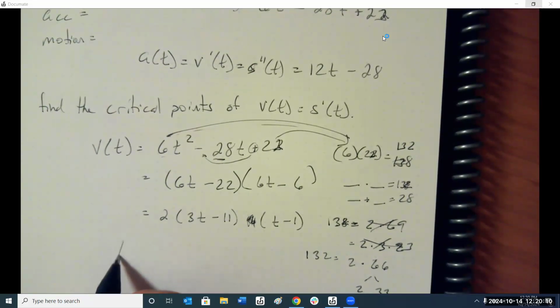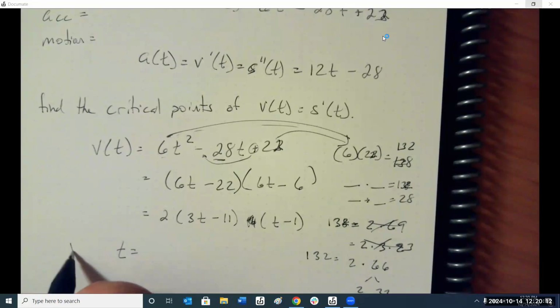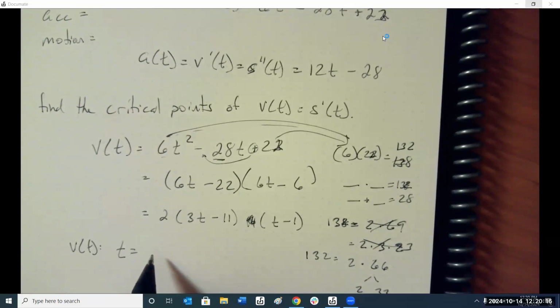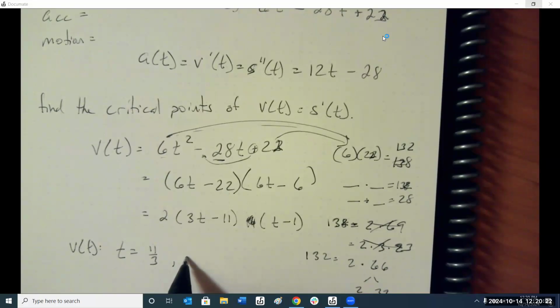So the times for the velocity are 11 over 3 and 1.